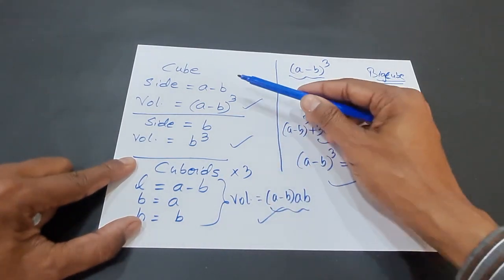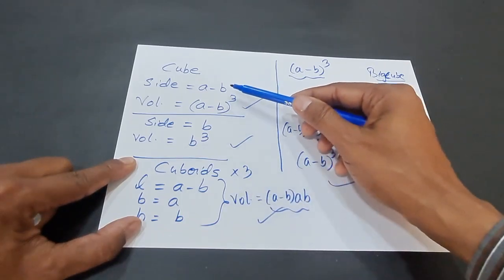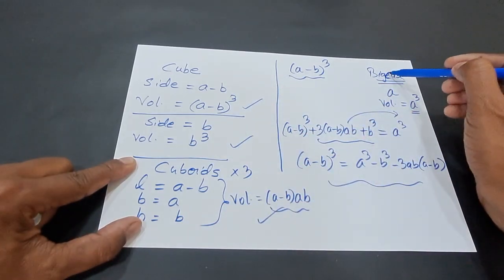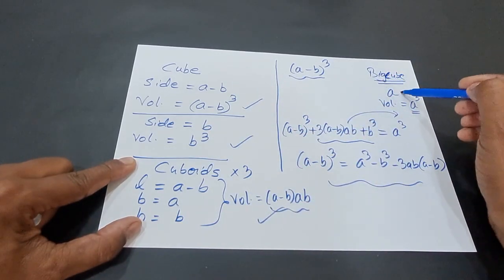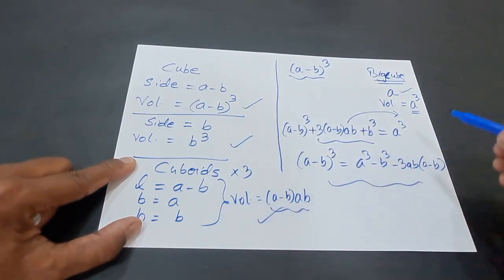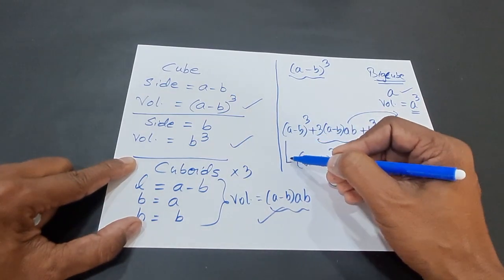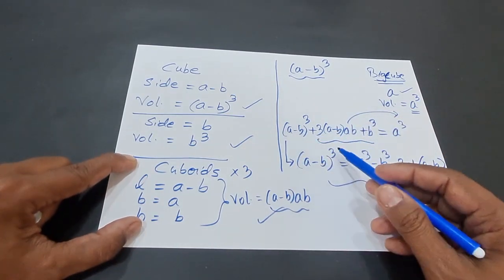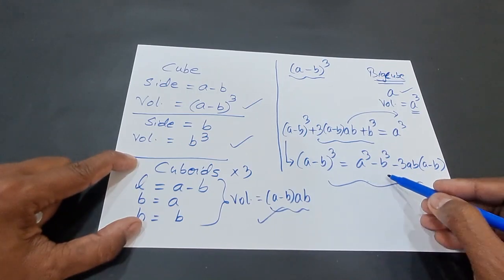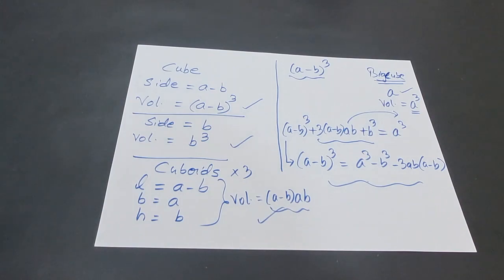So we require one big cube, one small cube, and three cuboids. You will combine them in the form of a big cube of side a, and then add all these volumes to get the volume of the big cube, that is a cube, from which you can derive the formula (a minus b) whole cube equal to a cube minus b cube minus 3ab (a minus b), and that completes our activity.